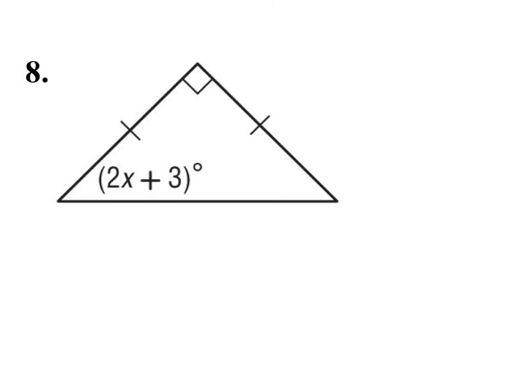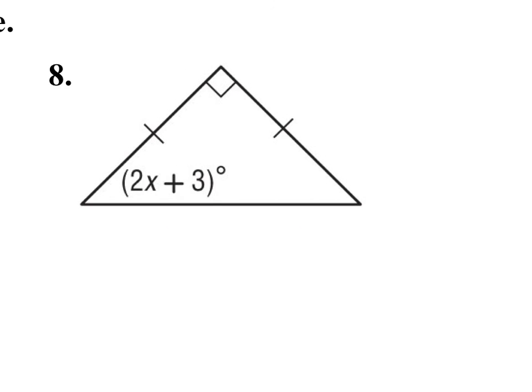Now let's take a look at number 8. This one's a little bit interesting. I know that this is a right triangle and this is an isosceles triangle as well. So I automatically know that these two angles are congruent. And the two acute angles in a right triangle are complementary, meaning they add to 90.